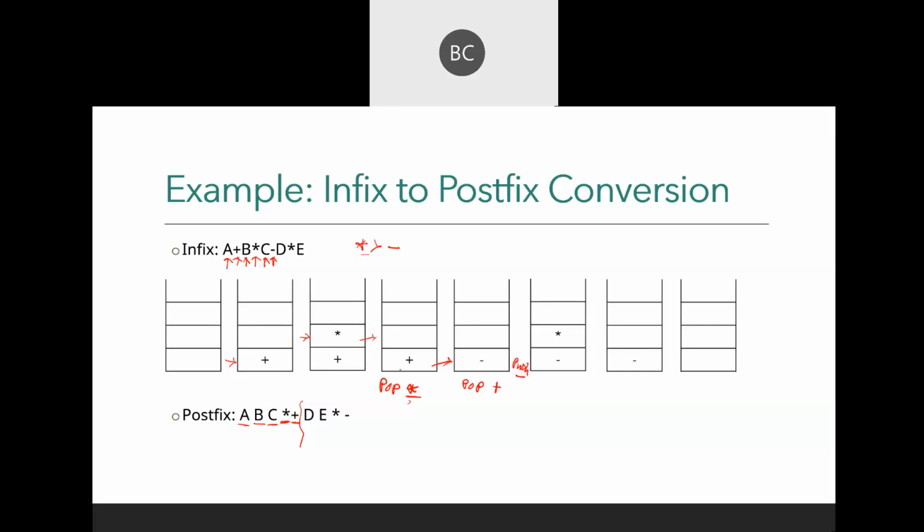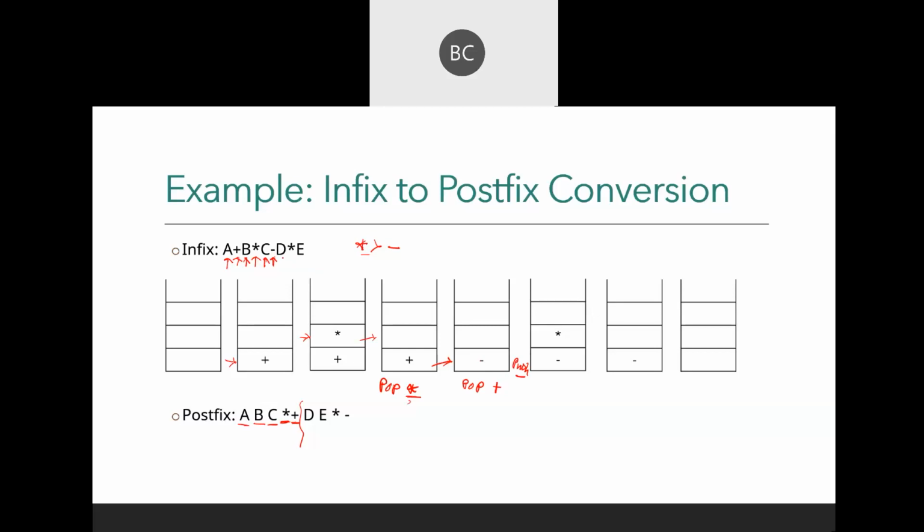After popping out star, the top is plus, which has the same precedence as the minus sign, so we pop out this plus symbol and print it in the result section. And after that only, we push the minus onto the stack.